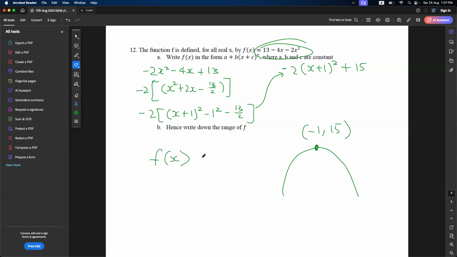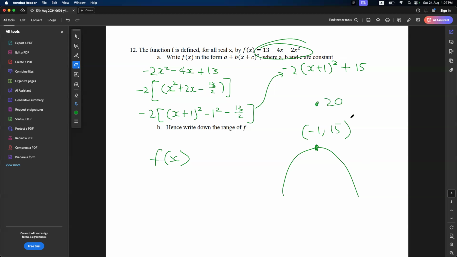How to find range? Range is your values for y. So if you look at this graph, can my value for y be anything like 20?